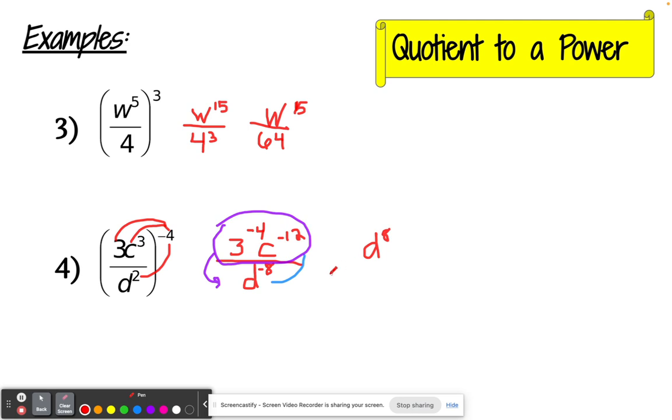And in the denominator, I will have 3 to the 4th power and c to the 12th power. My last step, I can evaluate 3 to the 4th power, that is 81. c to the 12th power in the denominator. And in the numerator, I will still have my d to the 8th power.